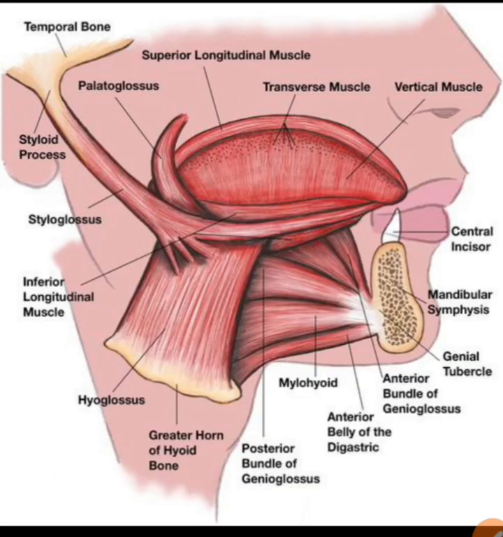Okay, you can see in this diagram all those 4 intrinsic muscles. This is the superior longitudinal muscle. You can see this arrow. It lies beneath the mucous membrane. Second is the inferior longitudinal muscle.